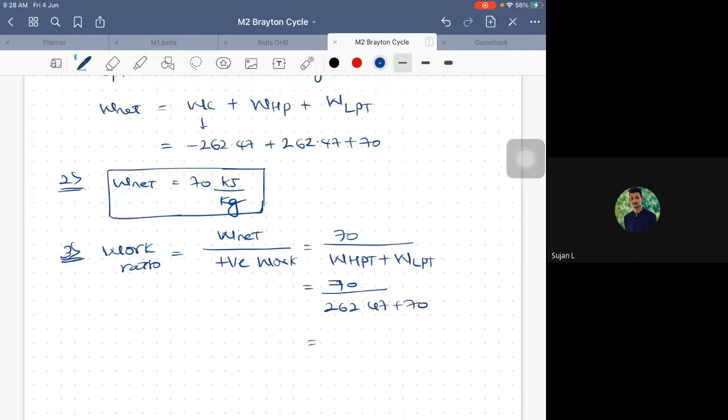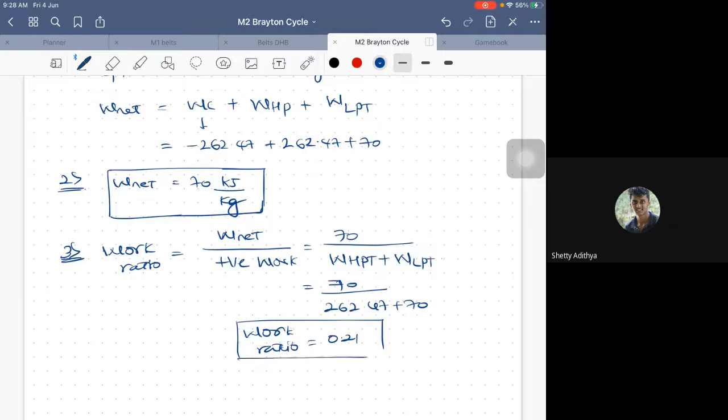So what is the work ratio? 0.21. So this is the work ratio.